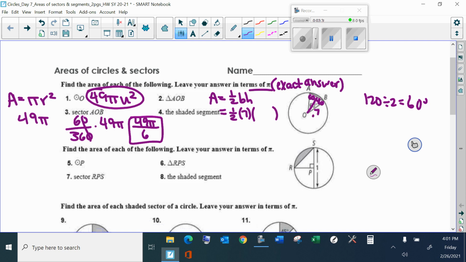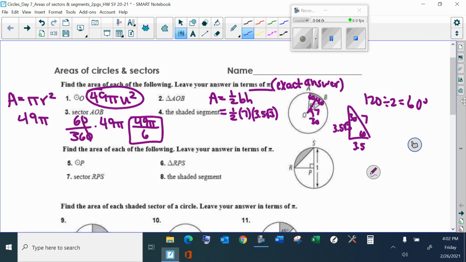Remember, that's 60 degrees. That means this bisected it, so that's 30 degrees right there. So if I was to redraw that, I'd have a 30, 60, 90. And that's half of it, 3.5, so it's just 3.5 root 3, because we know the 60-degree side is root 3 times longer. So 3.5 root 3.